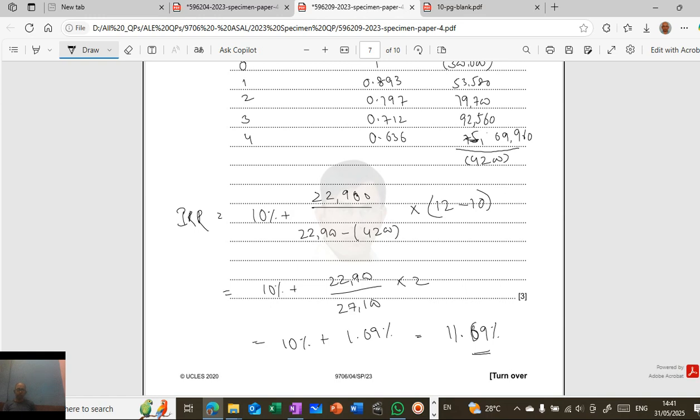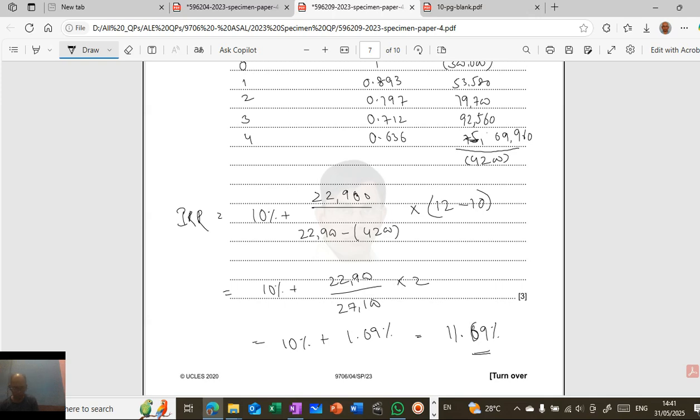So what is IRR? You tell me, what is the meaning of IRR? Internal rate of return. What do you mean by internal rate of return? So it basically means how much will the business earn back. No, the rate at which the outflow will be equal to inflow.